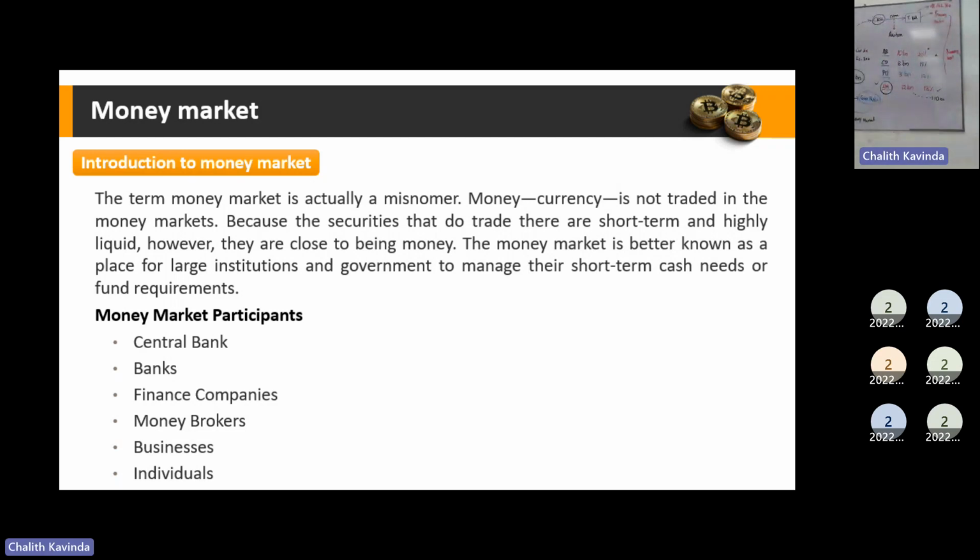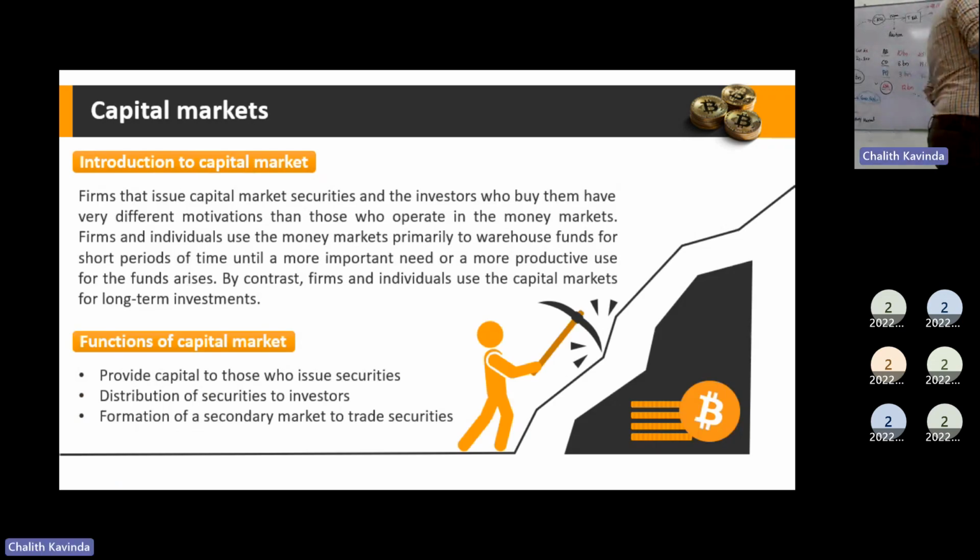Capital markets, an introduction. Right, so we are okay with money markets. You know that we started our lesson with the financial system. For you to learn what financial markets are, you need some idea about the financial system.